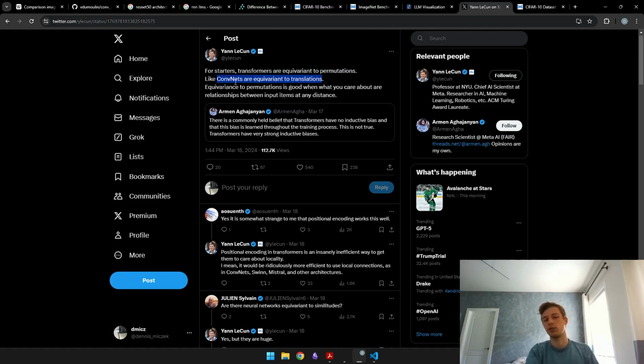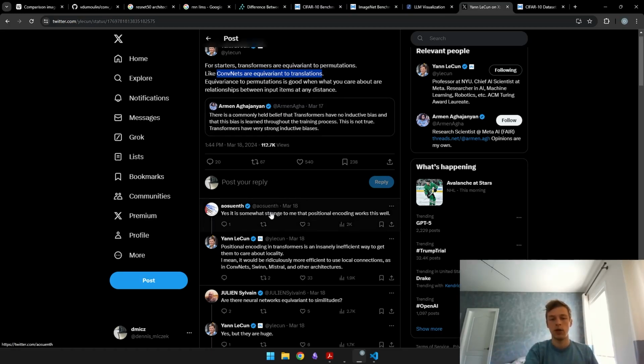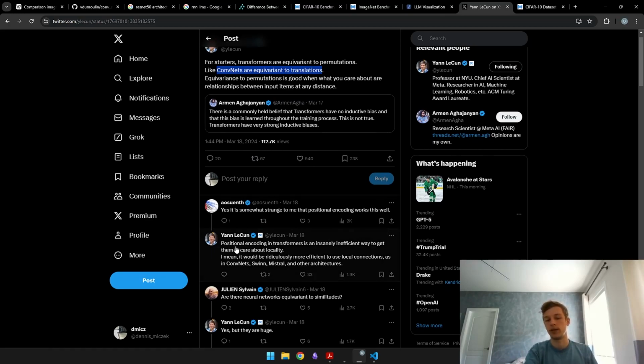This is unlike convolutional neural networks, which I mentioned earlier, which are equivariant to translations, meaning that the same thing existing in different parts of the image, the model would adjust to that. It's equivariant to translation along the different axes of an image. And Yann mentioned that positional encoding in transformers is an insanely inefficient way to get them to care about locality.